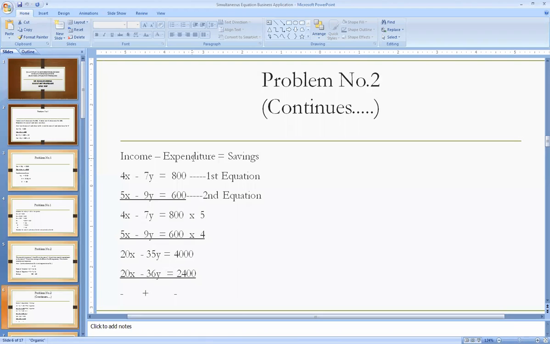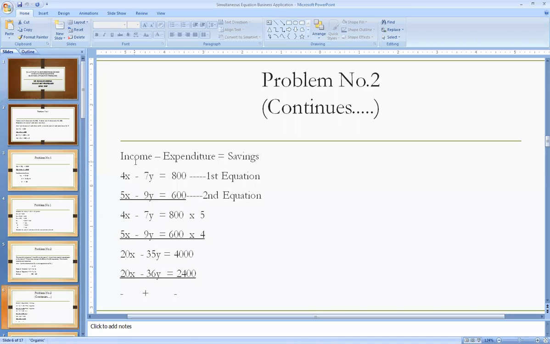The question has not given anything very clearly, but they have given the values of savings as well as the income ratio and expenditure ratio. So we need to use this equation, that is income minus expenditure equals savings.